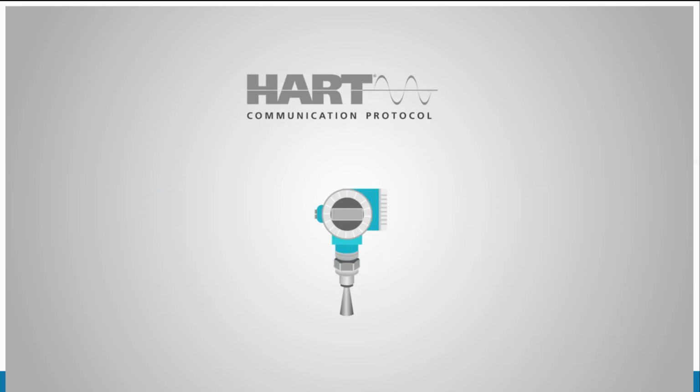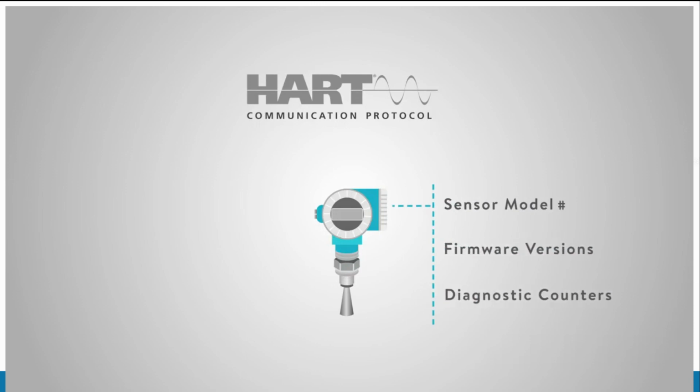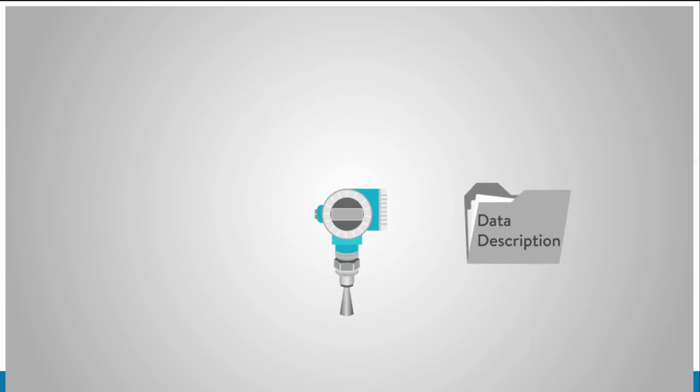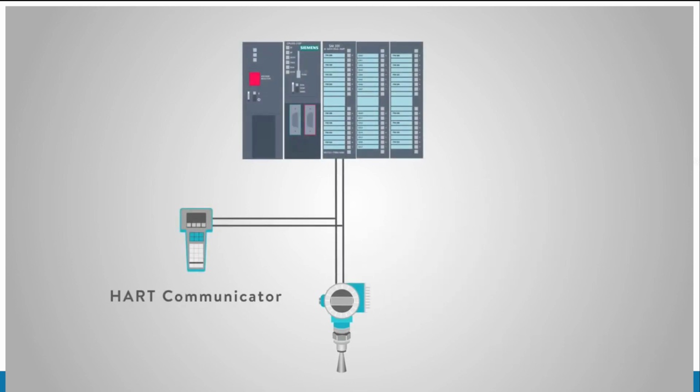Even though the Hart standard requires manufacturers to provide a minimum number of specific data items with every Hart sensor, vendors can also extend the data set to include vendor-specific items, like sensor model numbers, firmware versions, or advanced diagnostic counters. In order for the control system to recognize the type and values for these custom data, a special description file called a data description or DD file is required.